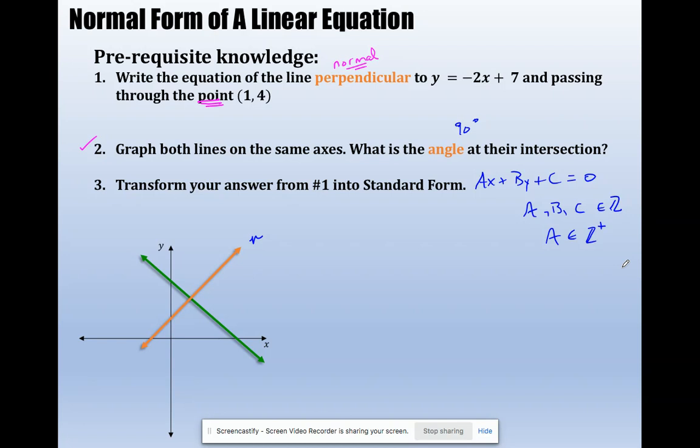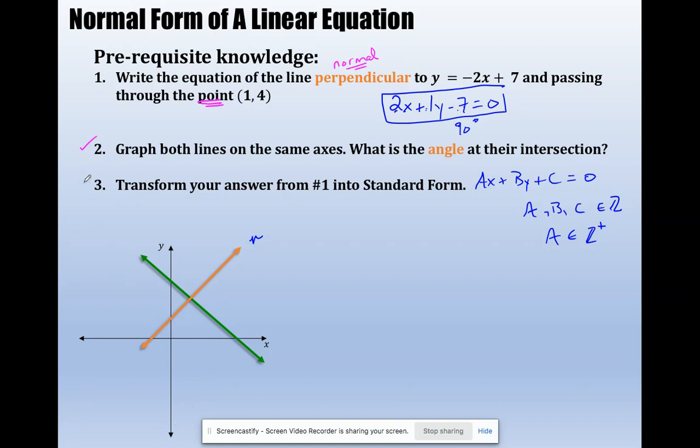We just said, practice doing this. So transforming this into standard form, no big deal. I'm just going to move the 2x over. So I have 2x plus 1y minus 7 is equal to 0. A is a positive integer, B and C are integers. Check. I'm in standard form.